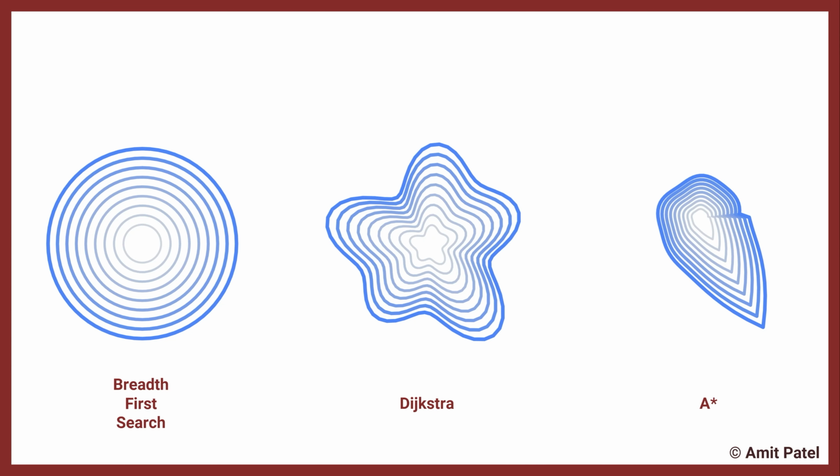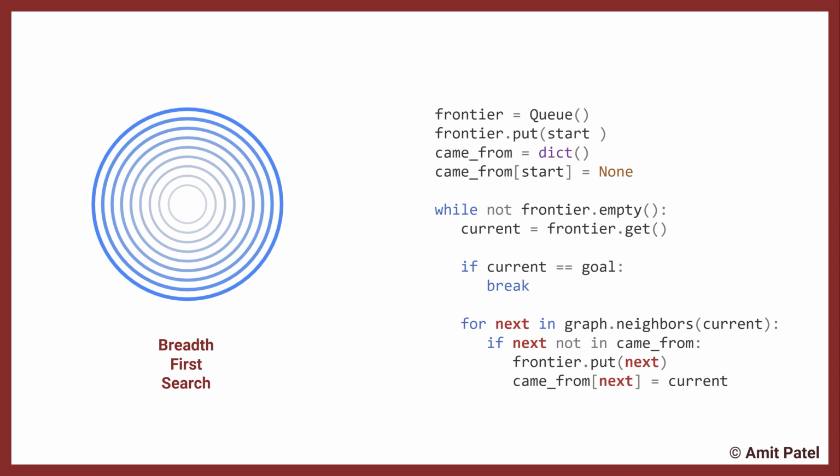So let's take a look at these three diagrams and why they are so important and so intuitive to help us understand three different kinds of graph search algorithms. For the breadth-first search algorithm, the diagram is just circles. Actually, there's a reason for that. The distance between each circle is the same, so the offset of each circle is the same.